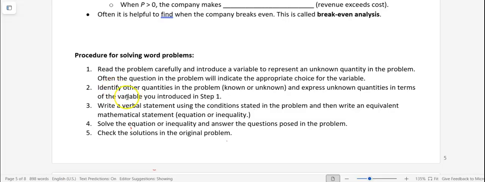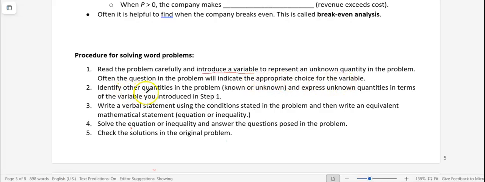So let's look at a procedure for solving word problems. Number one, read the problem carefully and introduce a variable to represent an unknown quantity. Often the question in the problem will indicate the appropriate choice for the variable.